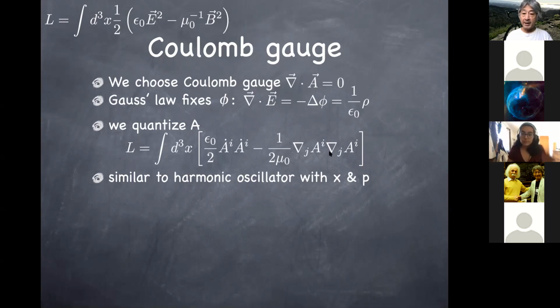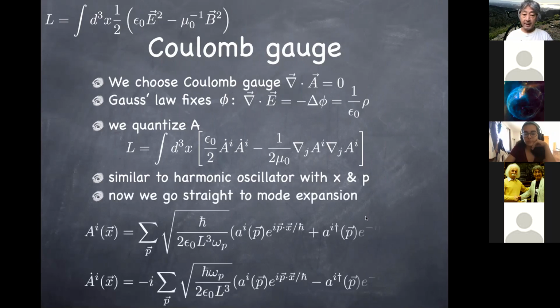So the idea is that A, being basically X in harmonic oscillator, turns out to be a linear combination of creation and annihilation operator. And A dot, that's the analog of P, would end up being creation minus annihilation operator. And that's what we actually did straight ahead in this expression. And so this funny prefactor has to do with the fact that we wanted to get the correct normalization for the commutation relations between annihilation and creation operators at the end of the day.